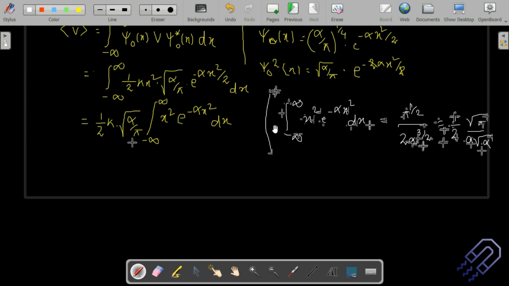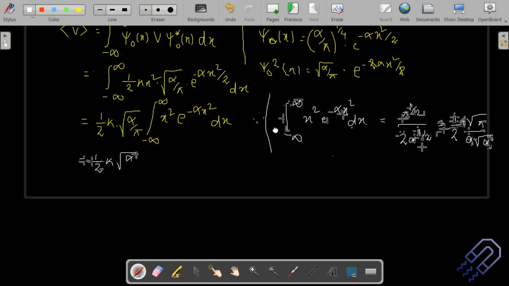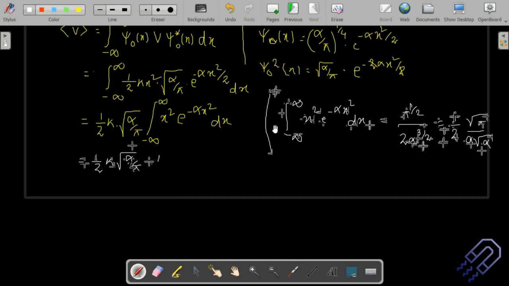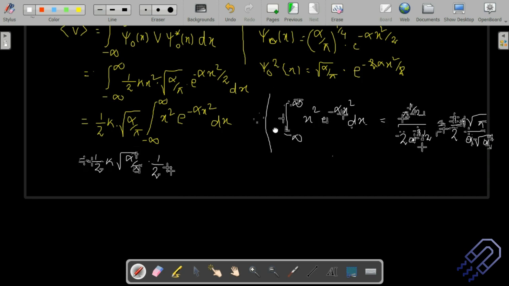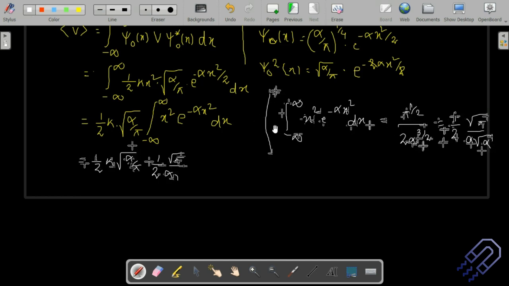So this is the result, and we are going to put this result here. So let's do it. Half of k root over of alpha divided by pi into, again it's a half, and then this is root over of pi divided by alpha root alpha.